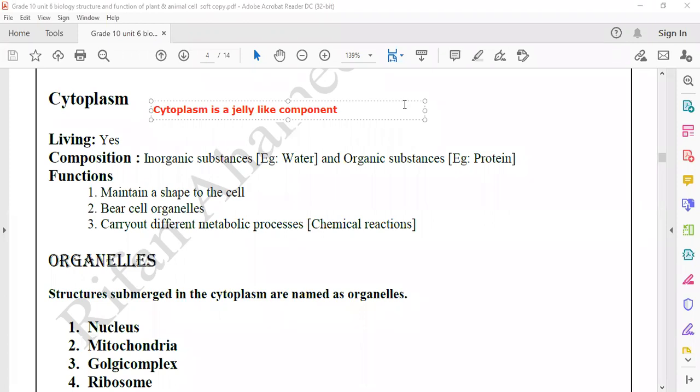If you are okay with cytoplasm, we will move to the next one. If you want me to wait, I will wait. Otherwise, I will move.